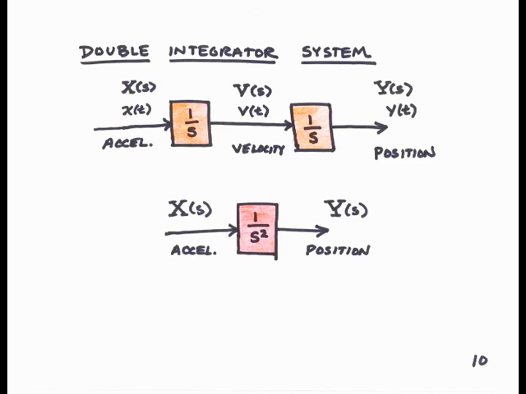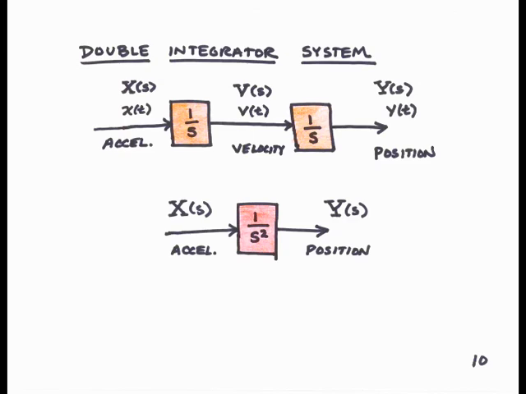And then out of that comes the position y of t, or y of s. Now, we can call the signal x of t, or we can call it x of s. It's the same signal. These are just two different representations of the signal. So this diagram shows the relationship between signals. And so when I write 1 over s, I'm indicating the integrator relationship.